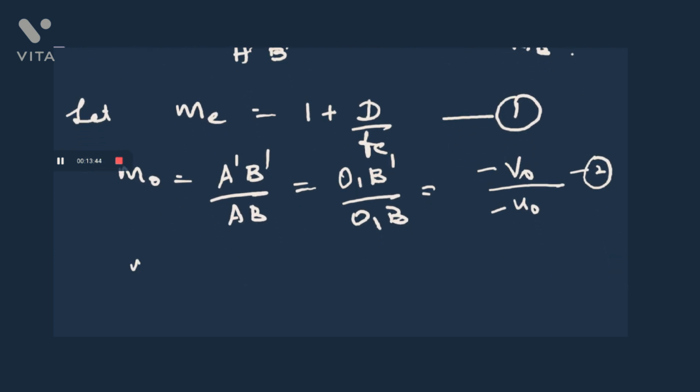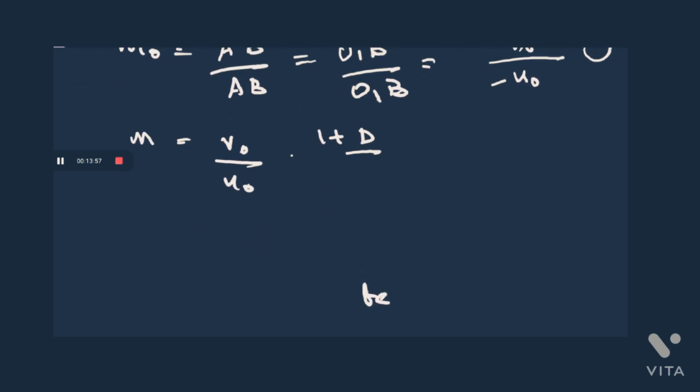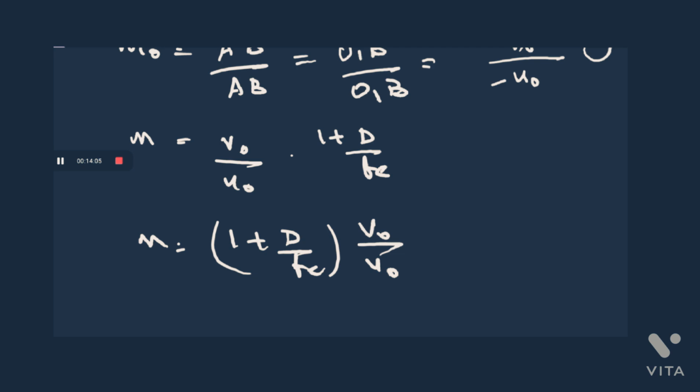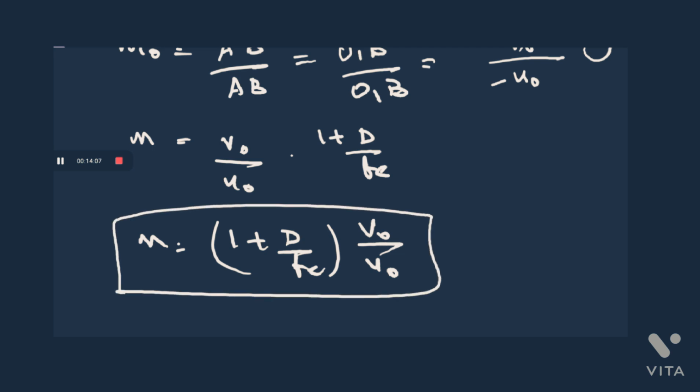From the total magnification, which is the product of M0 into ME, you can substitute M0 as V0 by U0 and ME as 1 plus D by FE. So the magnifying power formula is 1 plus D by FE into V0 by U0.